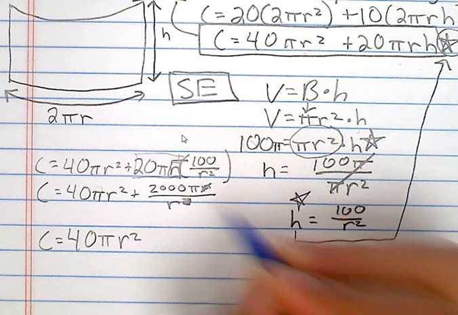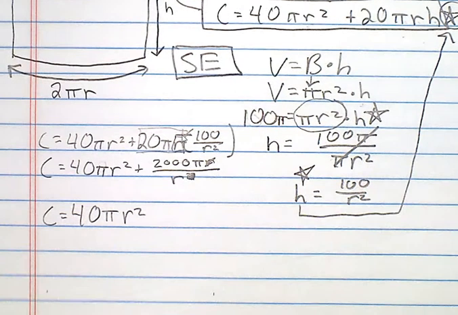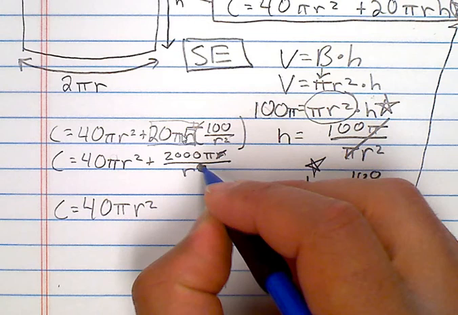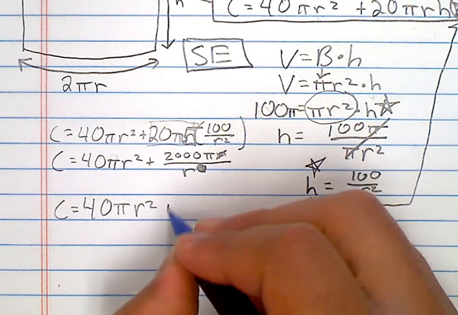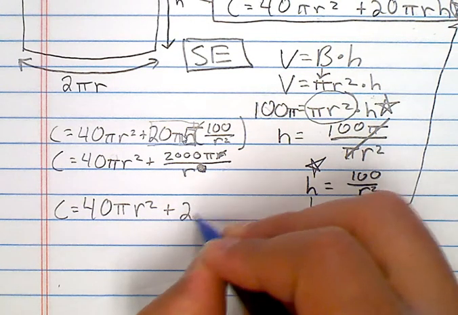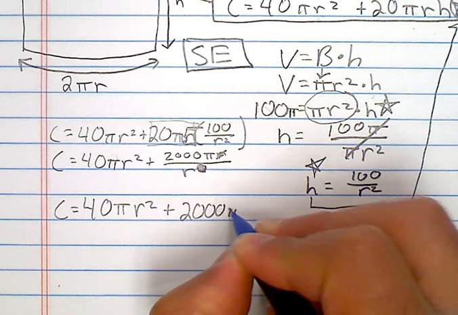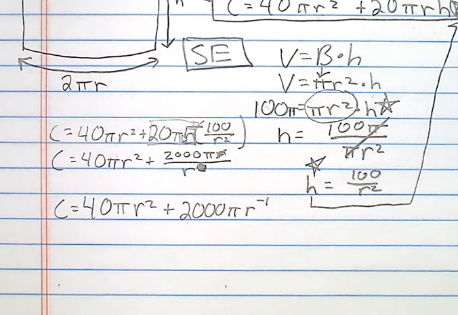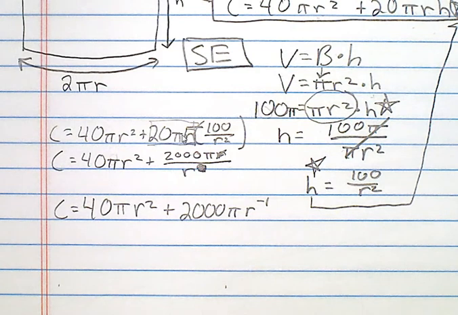Well, I don't like that. I want to take the derivative of not that, and so I'm going to flip it. 2,000 pi r to the negative 1. Now let's take our derivative and set it equal to 0. Go, go, go.